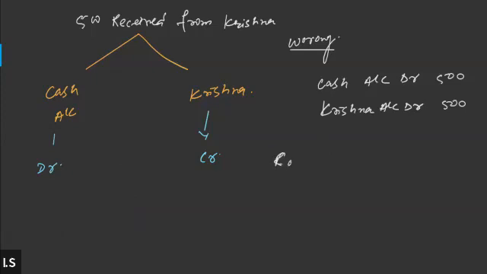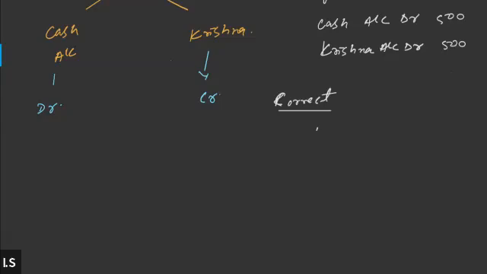So the correct entry for this will be: cash account should be debited, and we presume that there is no mistake in the cash account, and 500 will be credited to the Krishna account.